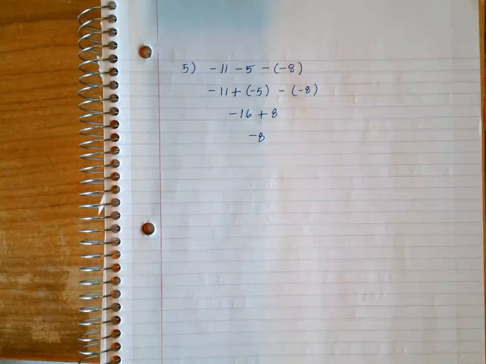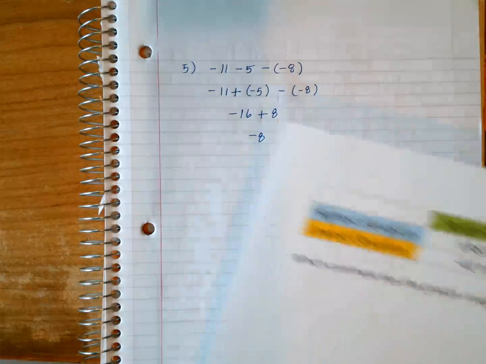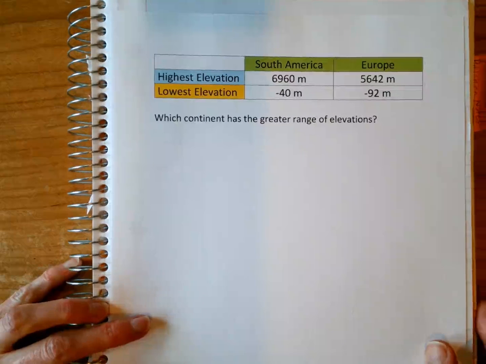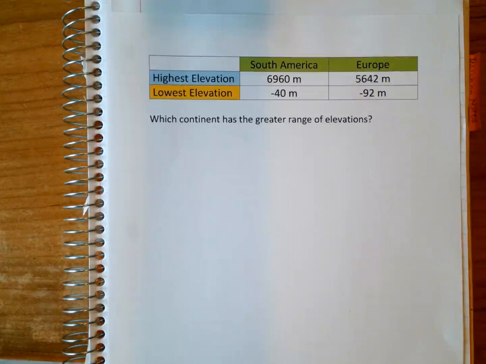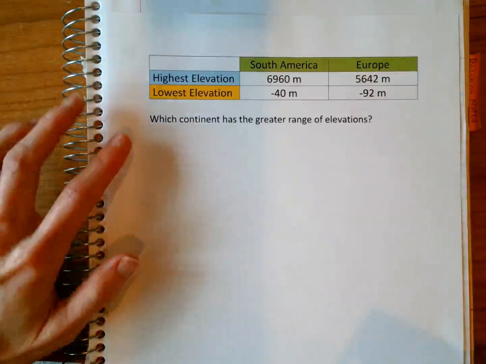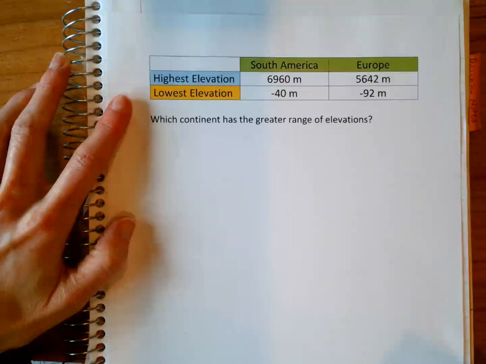And the last example we're going to look at is a comparison. So we've got two continents here, and the information we have is for their highest elevation point and their lowest elevation point. Let's take a look at South America. You can see the highest elevation is 6,960 meters.